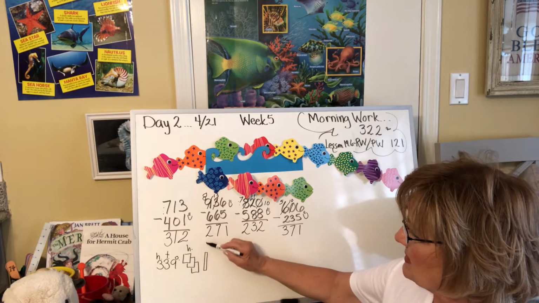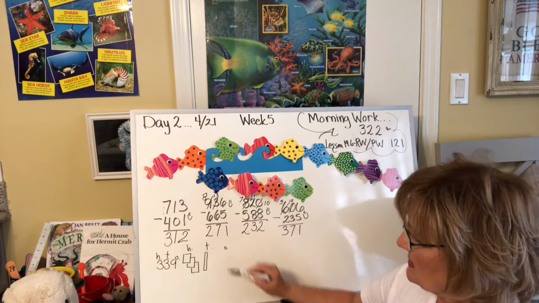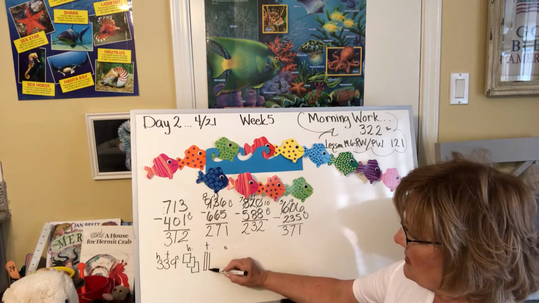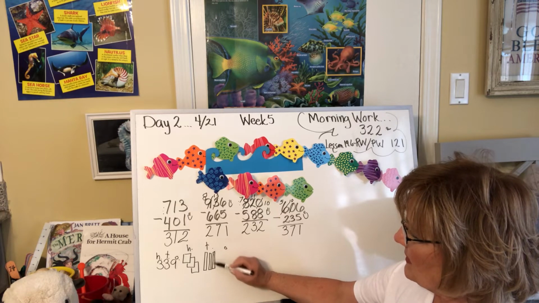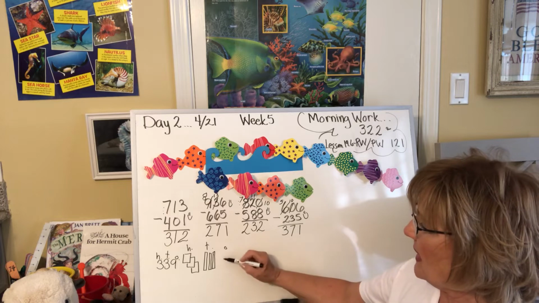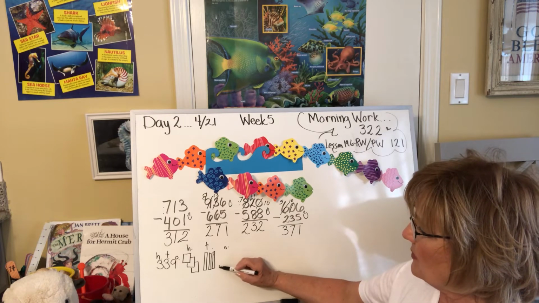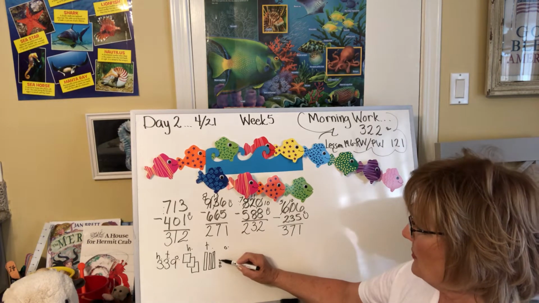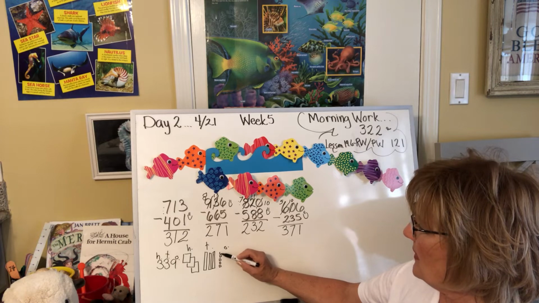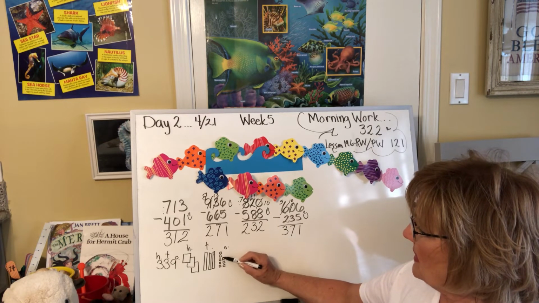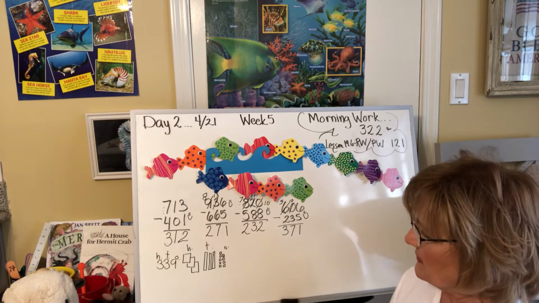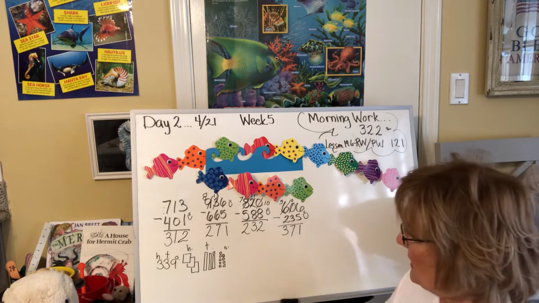Hundreds, tens, ones. So there are 3 tens, not quite the same height, and you have 1, 2, 3, 4, 5. We stack in 5s. 6, 7, 8, 9. You almost have another 10. So that's what it looks like.